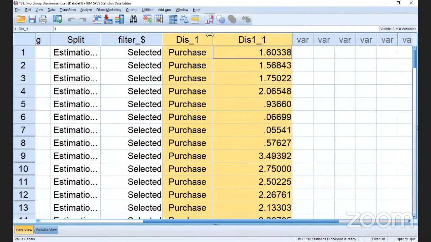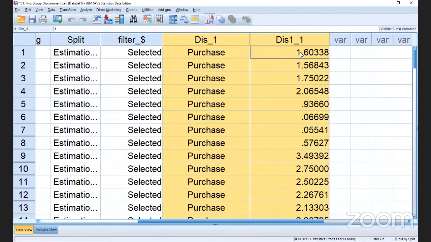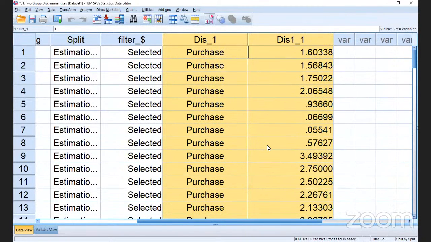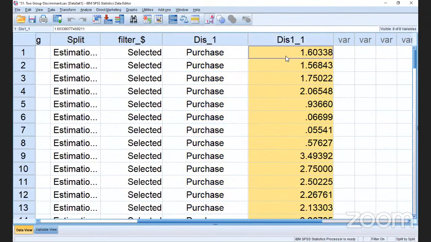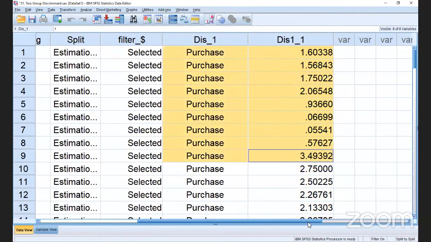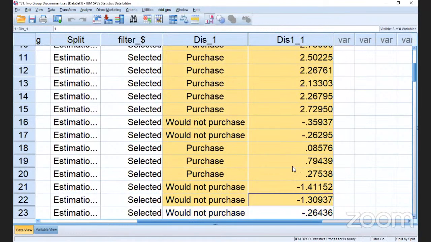So positive value means they will buy the product, and a negative value shows they will not buy the product. So here two cases, number 16 and number 70, have negative values, which means they will not buy the product.